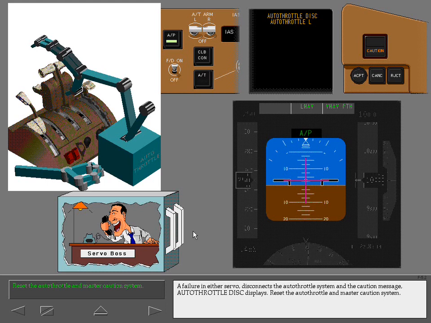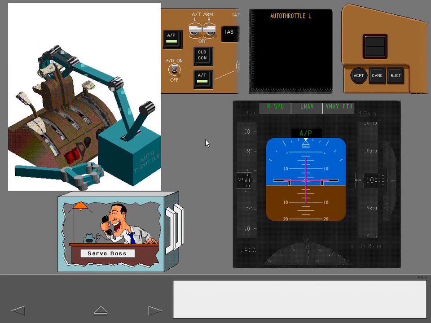Reset the autothrottle and master caution system. After the disconnect, you may re-engage the autothrottle to operate the remaining servo. For this example, re-engage the right autothrottle by pushing the autothrottle engage switch. Notice that the ICAS message remains displayed, and the flight mode annunciation right speed indicator shows which autothrottle servo is active.